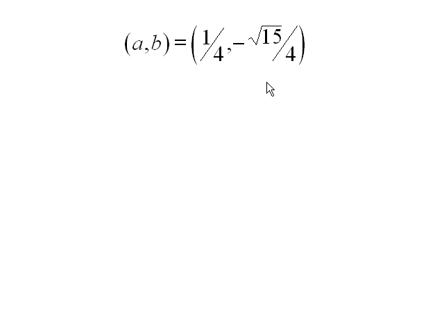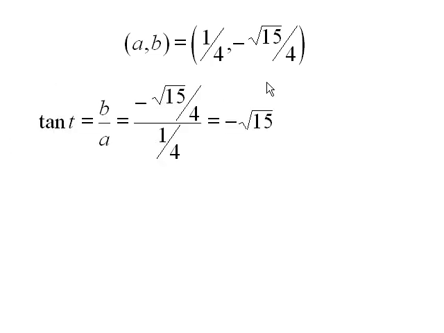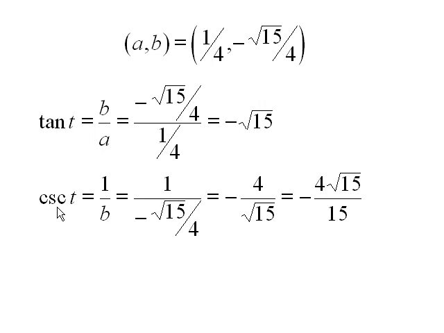If we've got those as the values for sine and cosine, tangent is sine divided by cosine. That's b divided by a, the y-coordinate divided by the x-coordinate. You could simplify that compound fraction, invert and multiply, and the 4's cancel. It's just minus root 15. You can get cosecant as the reciprocal of the sine, the reciprocal of minus root 15 over 4.